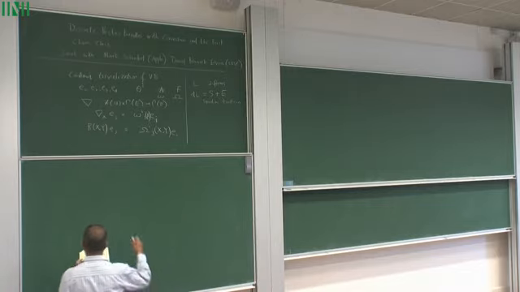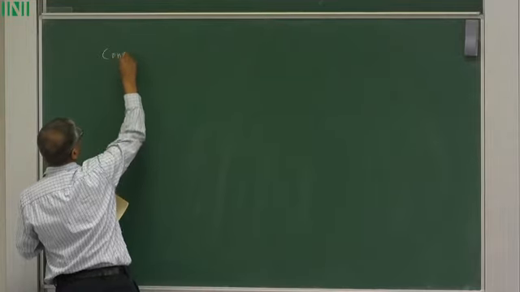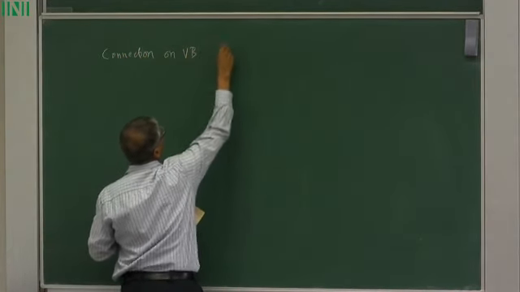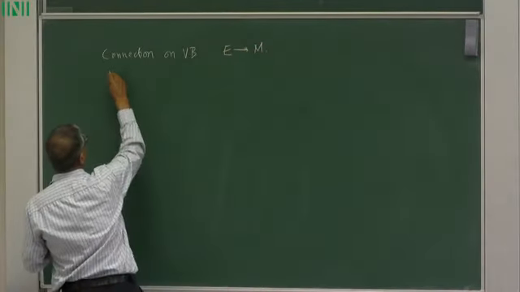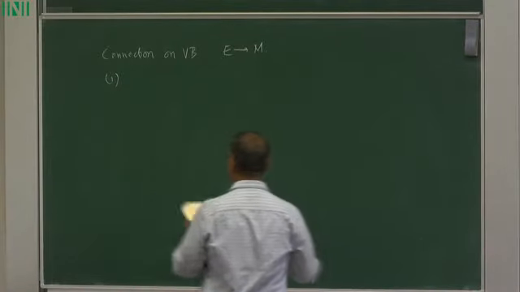So let me remind you that a connection on a vector bundle is defined, by inspiration from the directional derivative in Rn, by two properties.